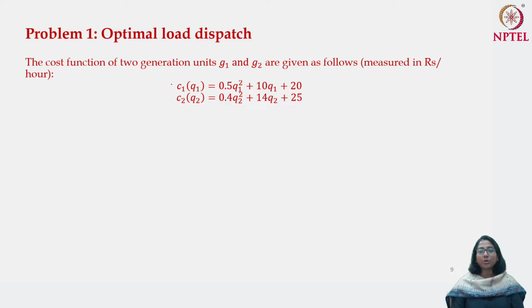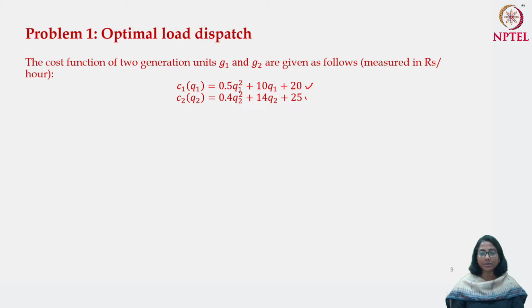How does the cost function look? C1(Q1) is the cost function for the first generating unit, and C2(Q2) is the cost function for the second generation unit. For the first generation unit, the cost function is given as 0.5 Q1 square plus 10 Q1 plus 20. So this has a quadratic form.